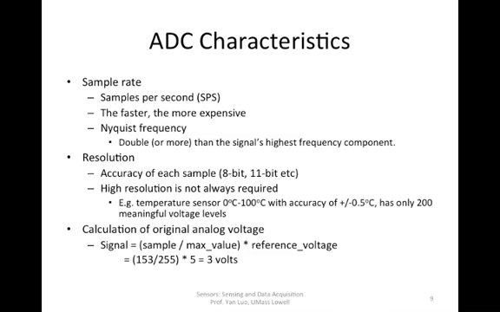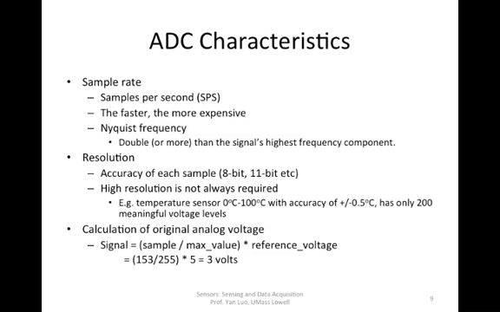To calculate the original analog value using the digital value, we can use a formula like this. The signal, the analog value, is the sample, or the actual digital value output from the ADC, divided by the max value, or the whole range of the value, and then multiplied by the reference voltage.